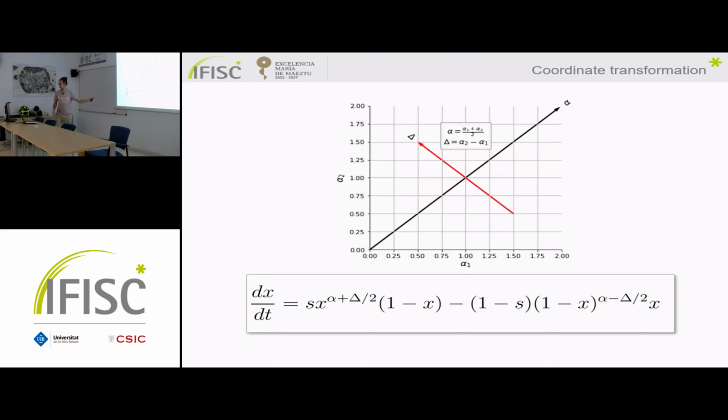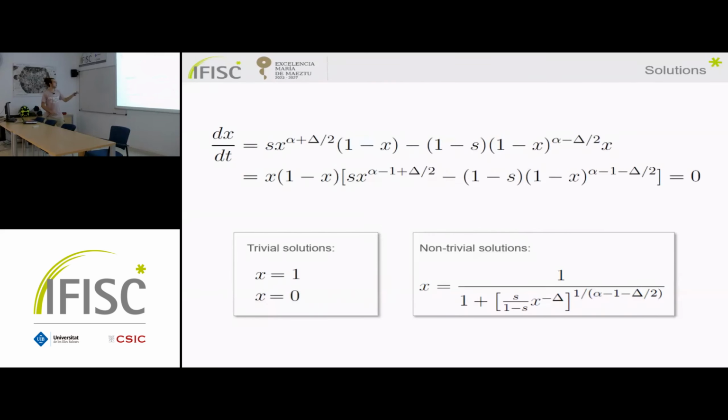Now, solving this, we can find two trivial solutions, which are x equals 0 and x equals 1. But in order to find other solutions, we must solve a transcendental equation, which we cannot do analytically. So I tried several methods to approach the exact solutions analytically, to no avail.